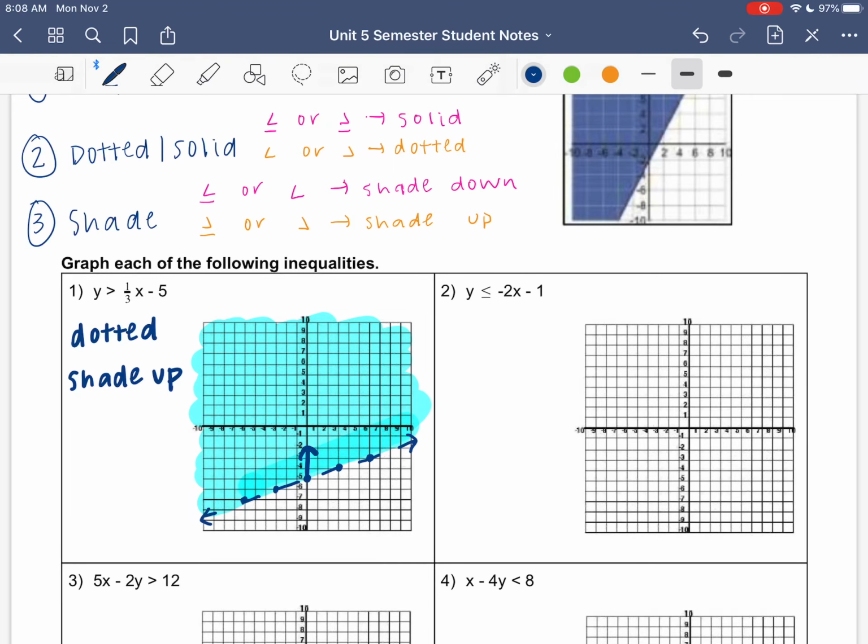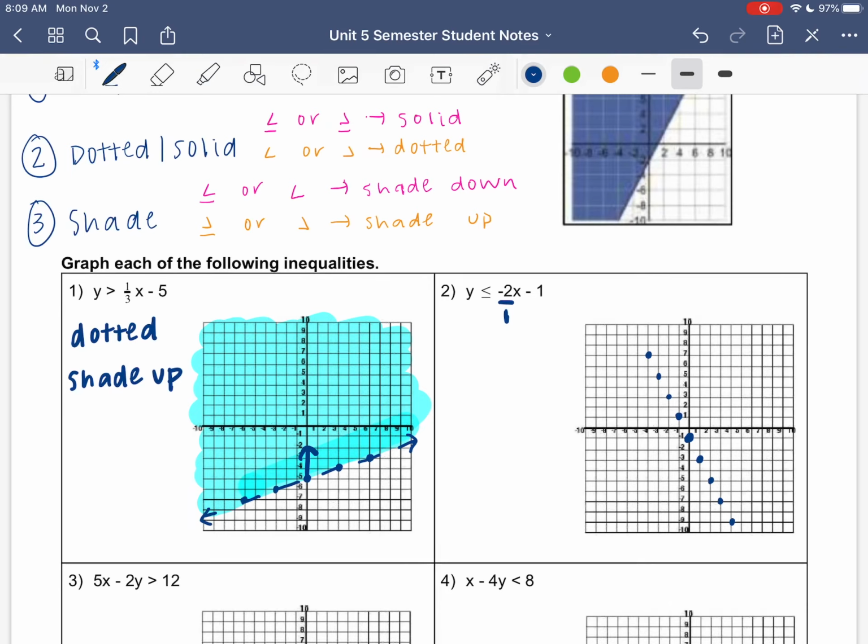So our y-intercept would be at -1 here. Our slope says -2, so if I need to, I can put a 1 in the denominator. So down 2 and right 1. Again, I'm going to extend the other way just a little bit so I can see kind of where my line goes a little bit better.